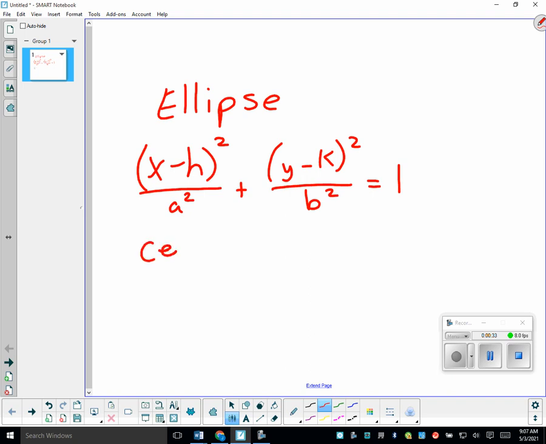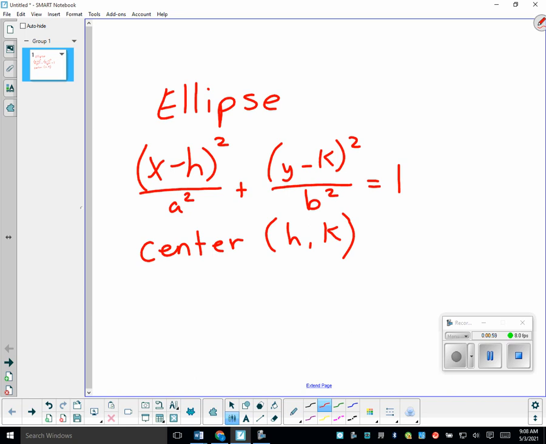The center of my ellipse is (h, k). Isn't (h, k) what it is for something else? For circles? Yeah. Good job. It's a lot like a circle.